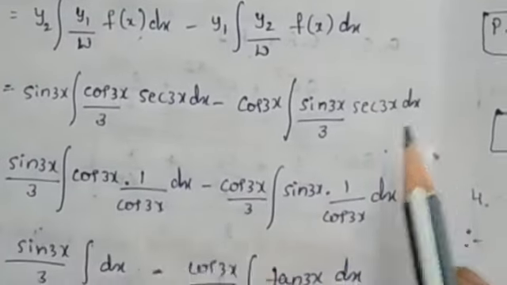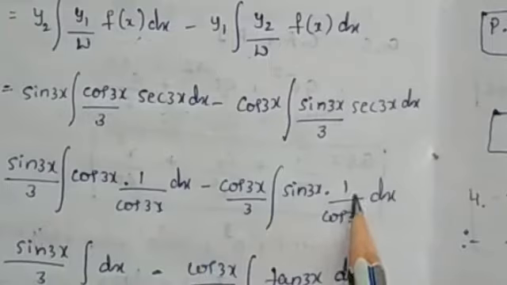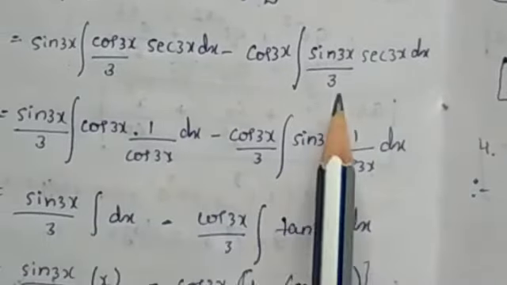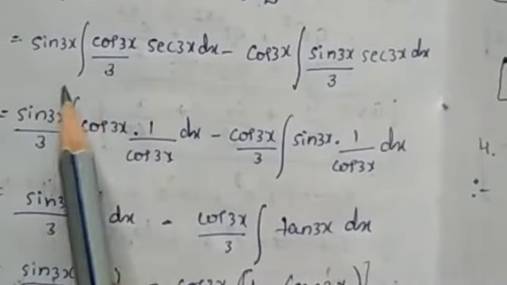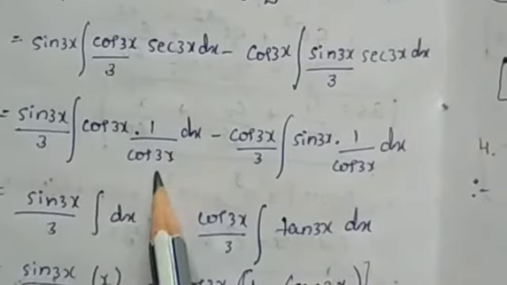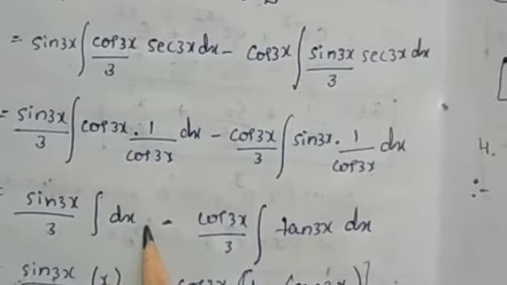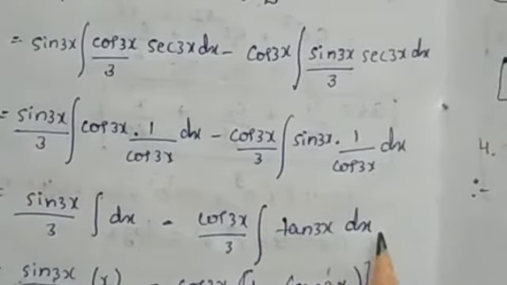Okay. Secant 3x can be written as 1 by cos 3x. You take the 3 outside. You get sin 3x by 3. Cos 3x gets cancelled. You get the integration of dx minus cos 3x by 3 into the integration of sin 3x by cos 3x, which is tan 3x, dx.